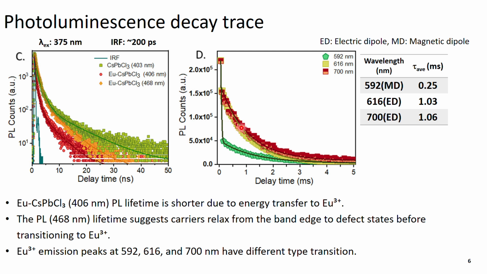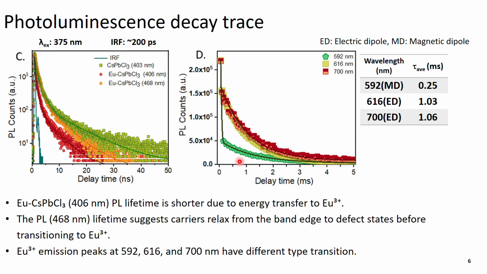And the red line and the yellow line are from the ED transition, the electric dipole transition. So these two types of transition have two different dynamics. We can see it like this.